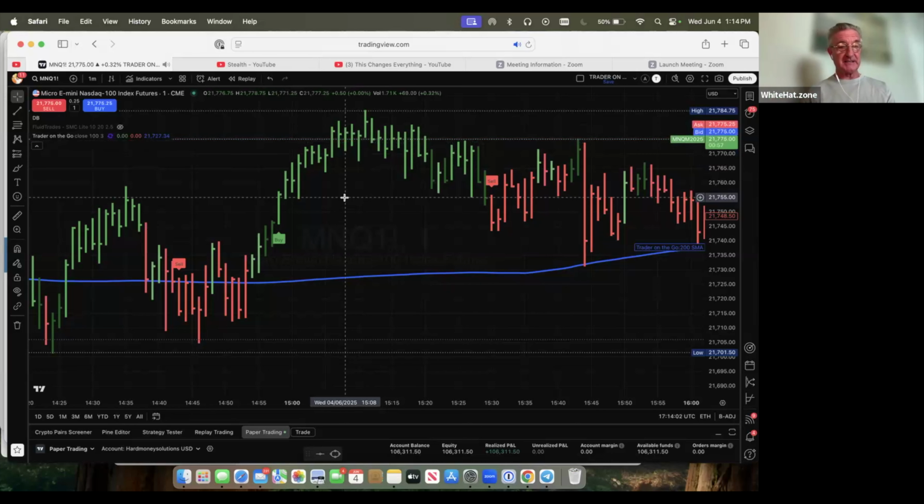What I have found for myself is, because we get the signals on our phone, and this whole thing was designed for traders on the go so that you can take trades wherever you are, anytime, on your phone, it makes trading so much more fun. And I have discovered or realized that the reason traders fail, especially amateur retail traders, is because they're not professionals, they have busy lives, they're doing other things.